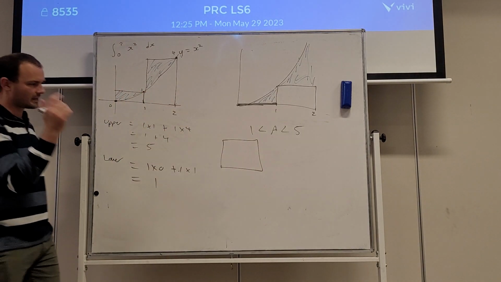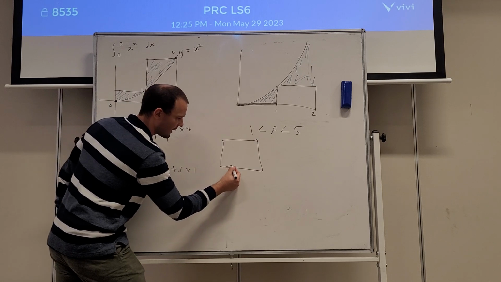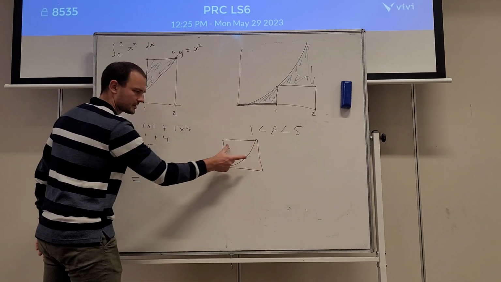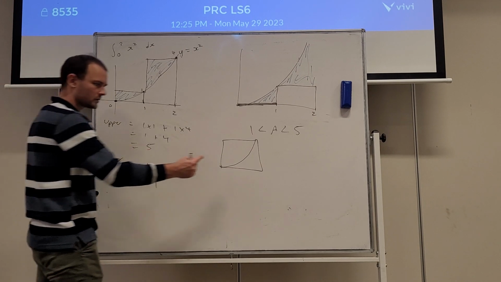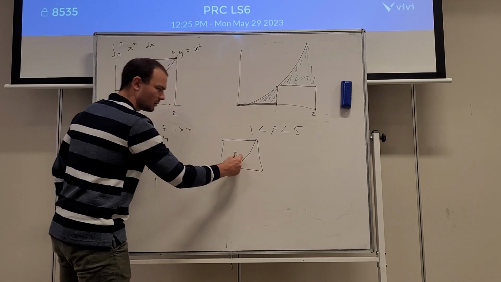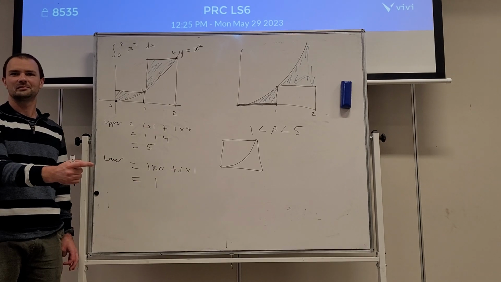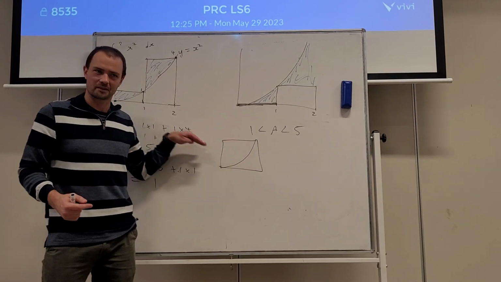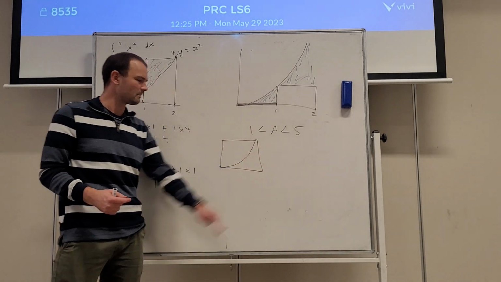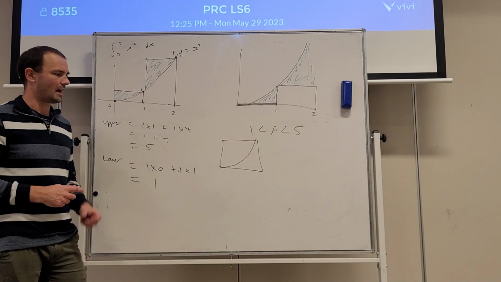It's concave up, which means I'm going to exaggerate the curve. It's curving like that. So let me ask you, is this closer to a lower rectangle or to an upper rectangle? Lower. It's closer to the lower estimate, and so the lower estimate is going to be more accurate.